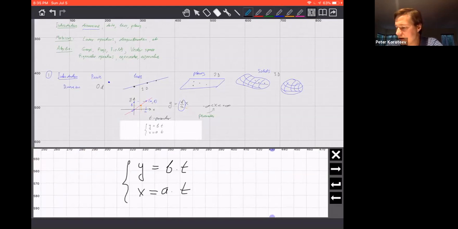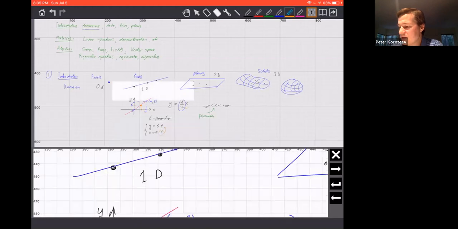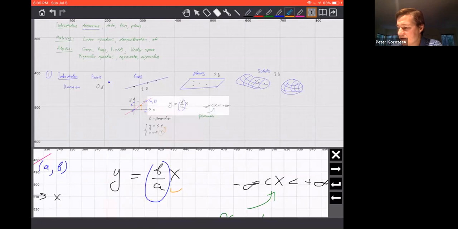You can eliminate t from these equations: solve the second equation for t and put it in the first, and you'll get y equals b over a times x, as we had before. But at any rate, the fact that a line is one-dimensional relies upon the fact that there's only one parameter used to describe it.